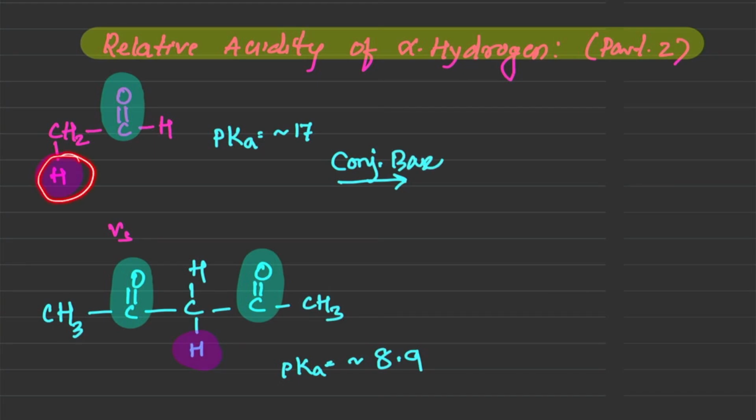If I take out this particular hydrogen atom, what's left over? The leftover is CH2 minus, CH2 minus COH. Now we know that this negative charge can be delocalized with the CO pi bond.